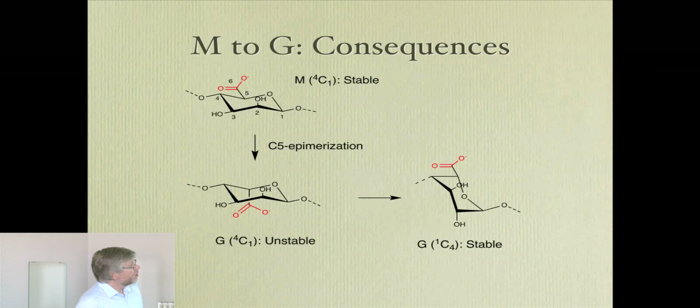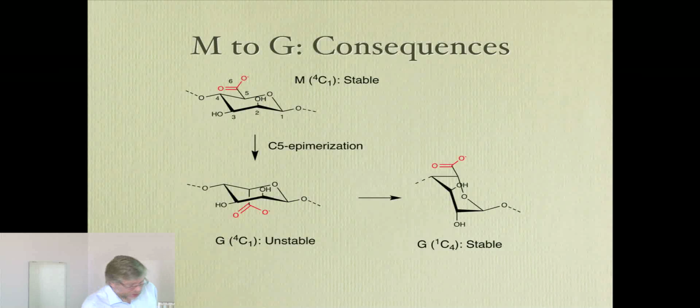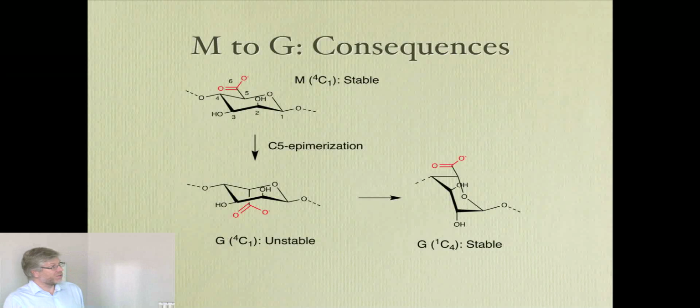But when the enzyme comes, what the enzyme is doing is to switch configuration at carbon 5 so that the carboxylic group now points down. This structure is unstable because of steric conflict. The carboxyl group comes too close to other groups, so it's unstable. And what can it do? It will flip over to another chair conformation which is called 1C4.